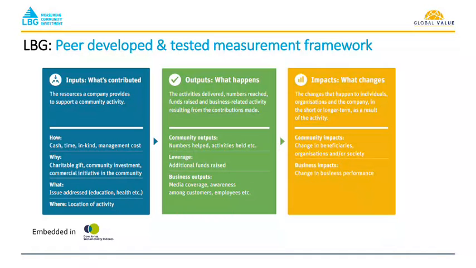So broadly, they will be activities delivered by registered charities or by schools, universities, hospitals, and so forth. It's not limited by the type of activity a company might support, and most of those activities can be translated into the LBG framework.